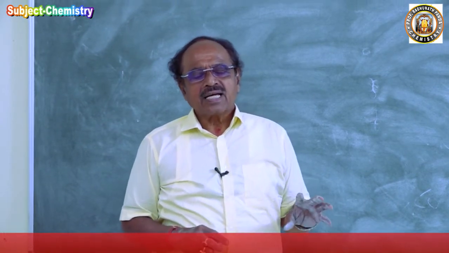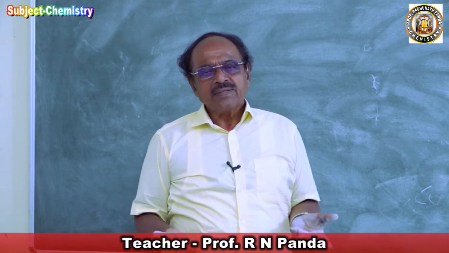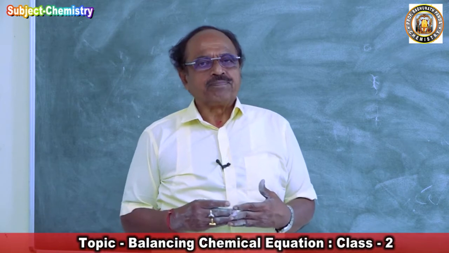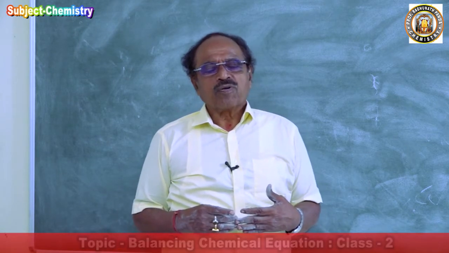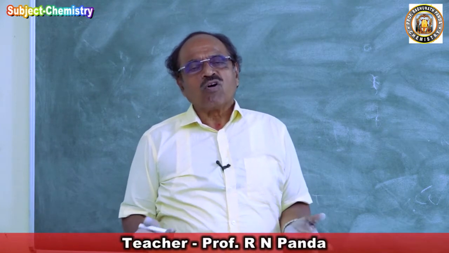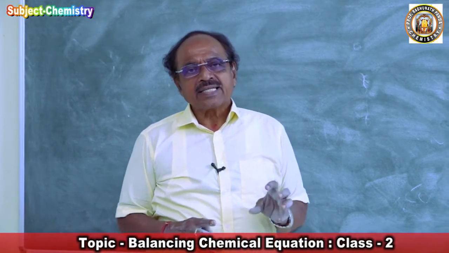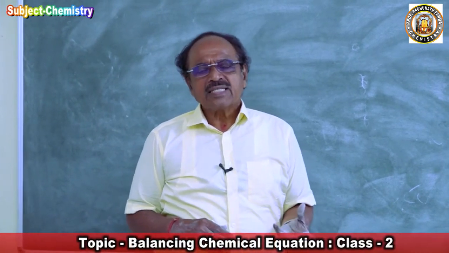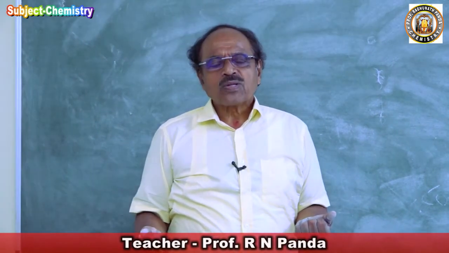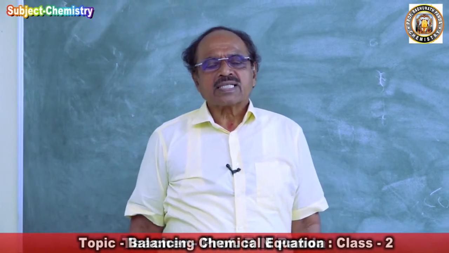The reactants and products are written by their chemical symbols or formulae. You have to first find out the chemical symbols or formulae for the reactants and products. The reactants are written on the left hand side and the products on the right hand side, with an arrow mark in between them, which gives us the skeleton equation.